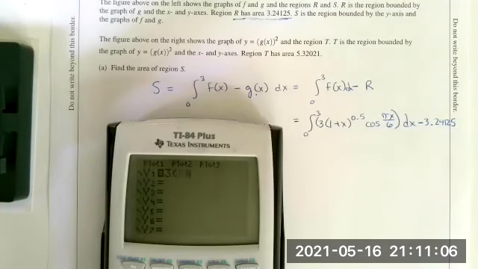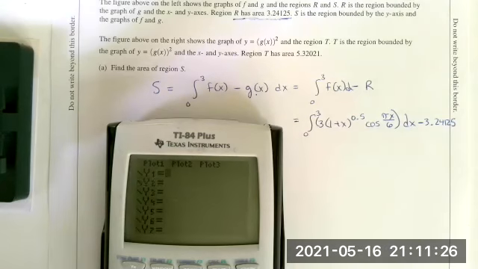3 times (1 plus x), and I'm going to raise that up to the 0.5.